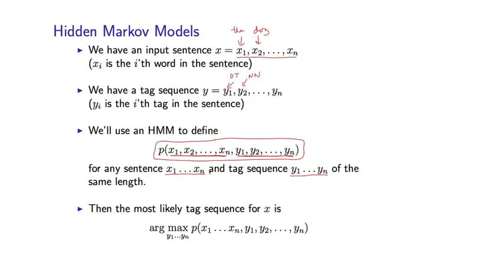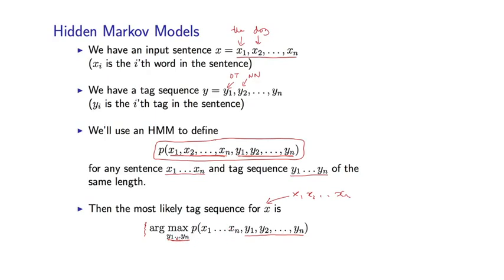Once we have defined a model of this form and learned the parameters of this model from a set of training examples, the output from the model is going to be the following. I have an input x, which again is a sequence of words. The output for this sequence is going to be the sequence of tags y1 through yn which maximizes this joint probability.